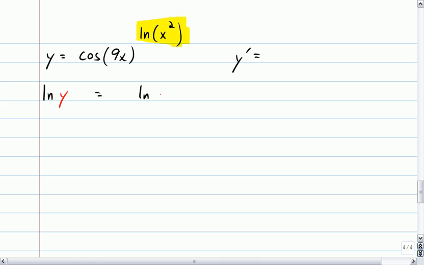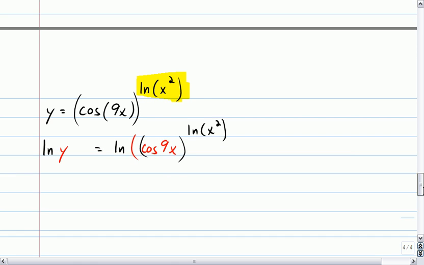So I got y, and I can move that over. This is the natural log of cosine 9x, and that is raised to the, well, I should have parentheses here. Cosine 9x is raised to the natural log of x squared. You're like, wow, there certainly is a lot of natural logs there.